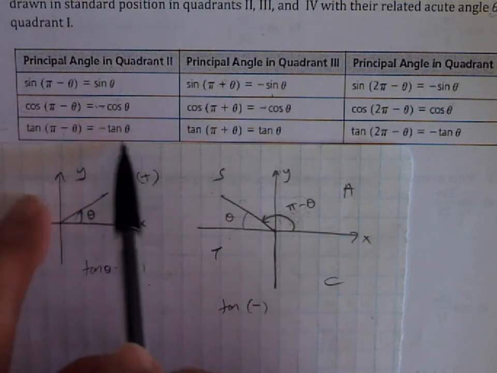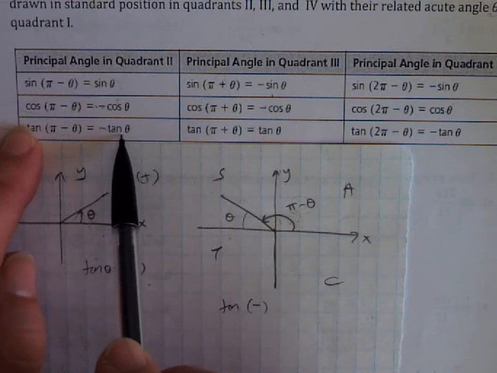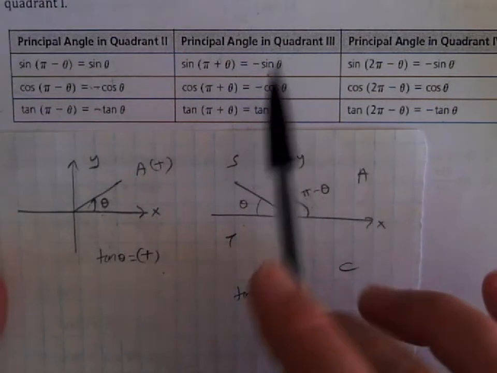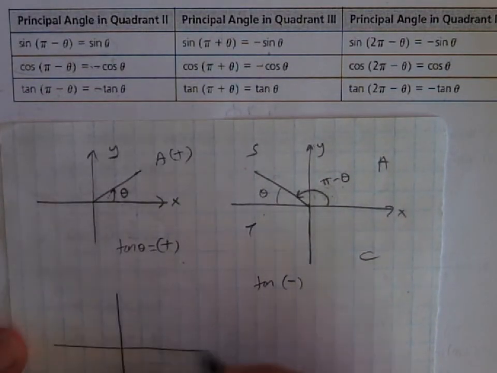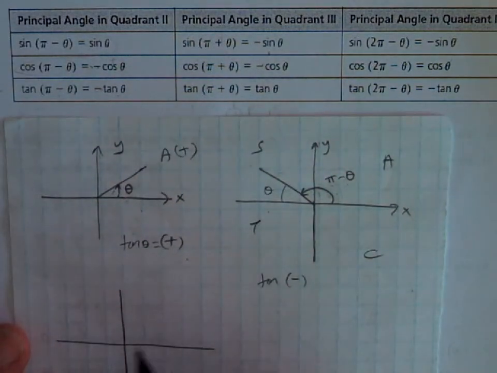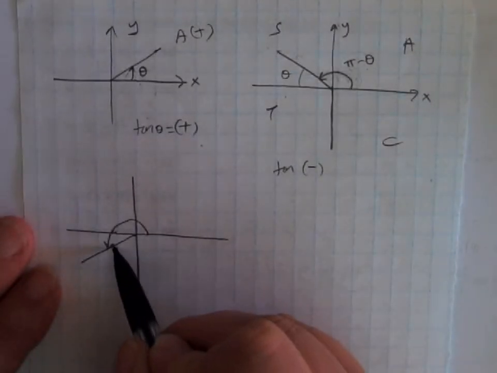To make them equal, there's a negative sign there. So these two are equal expressions. So let's look at here. Okay, so this time we are going to sketch pi plus theta.